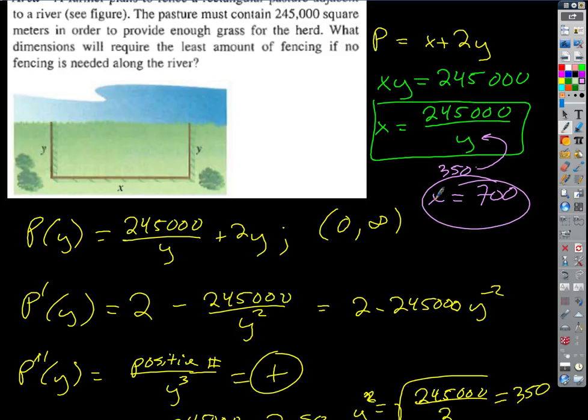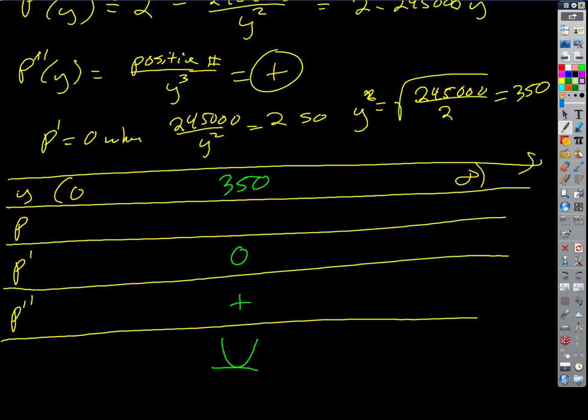Yeah? Can you just plug 350 back into the very first primary? You mean, right, the primary equation? Well, if I plug 350 in the primary equation, I don't actually know what the perimeter is. I mean, I could find out, right? By the way, if this asked for what the perimeter is going to be, where would that show up in the table? P. Yeah, right there.